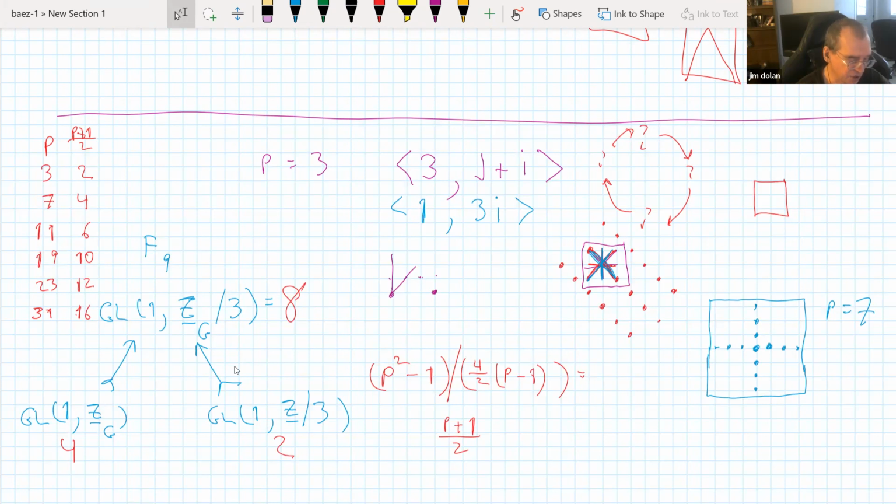Okay. It sounds like you were trying to say something about what Artin reciprocity theory tells us about abelian extensions of the integers, whereas I was trying to think about what it tells us about abelian extensions of the Gaussian integers. And those are both relevant here.